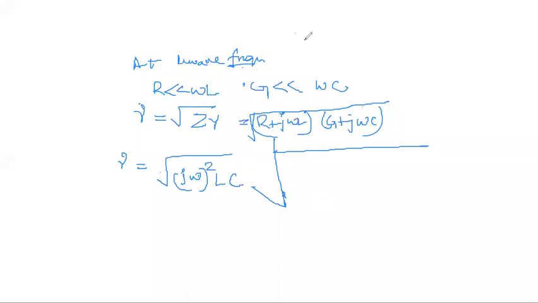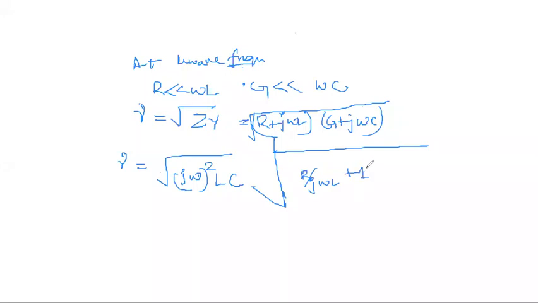Now you are taking out j omega squared LC. Inside the square root, for the term where R is there but this factor is not there, instead of writing R, I write R by j omega L as the first term, plus 1, since you are taking j omega L outside.